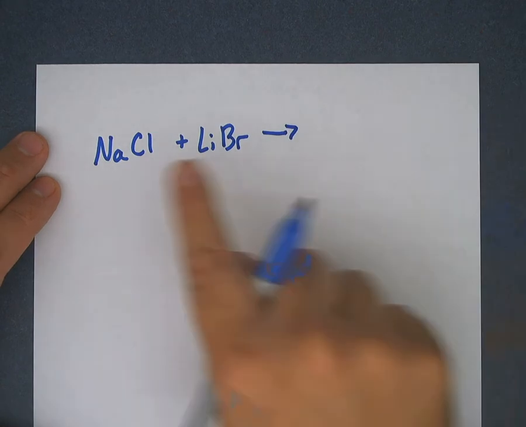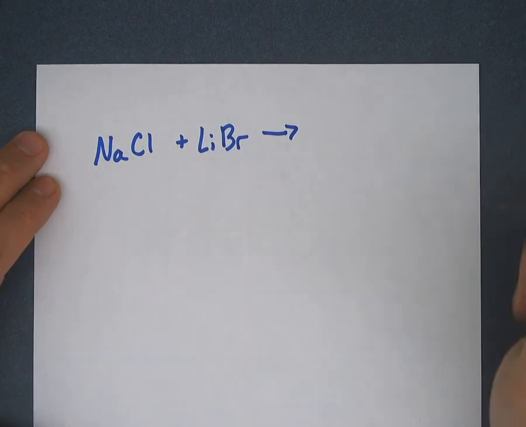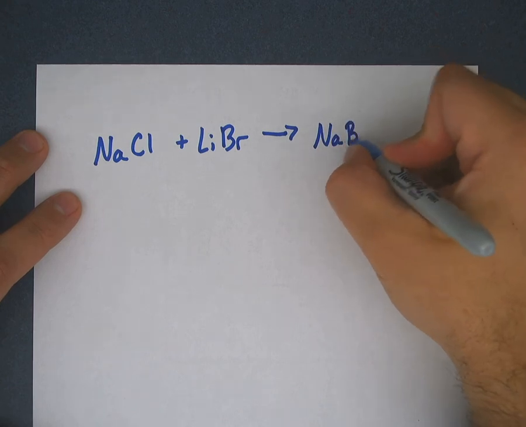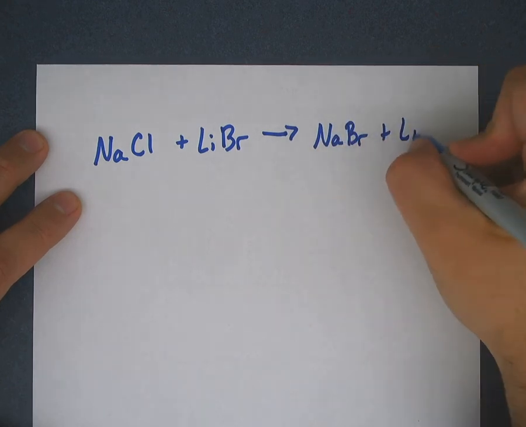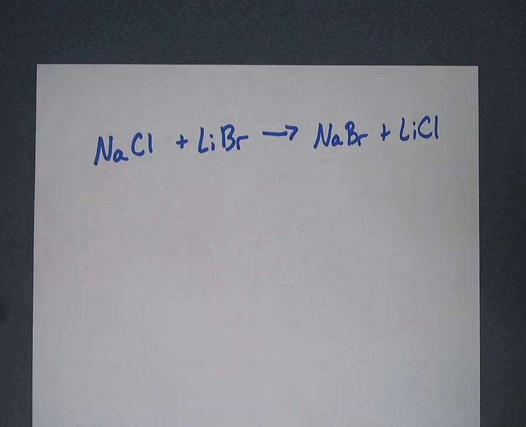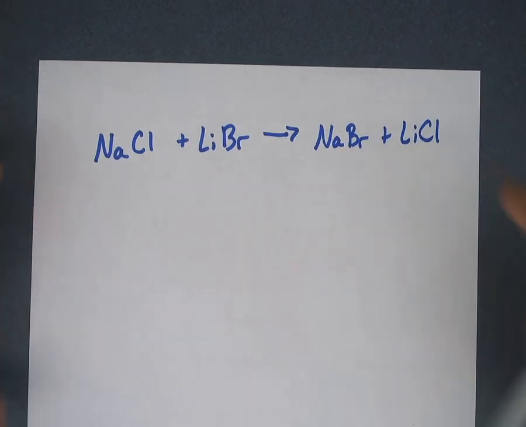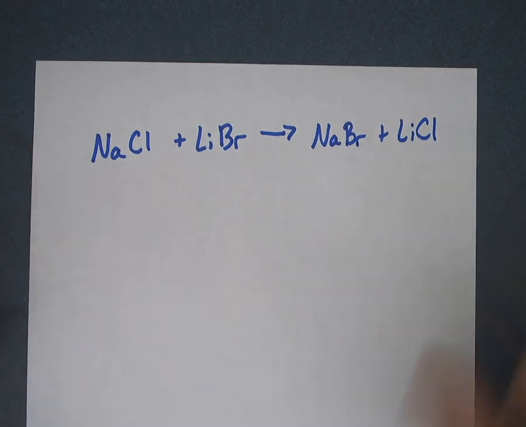And what would happen is the Cl and the Br change spots, and the Na is with the Br, and the Li is with the Cl. Hopefully you can see it. Looks like a little couple and another couple, and they form some new couples over here. Now, sometimes some numbers can get involved, and that throws students off. Don't let that throw you off too much, okay?